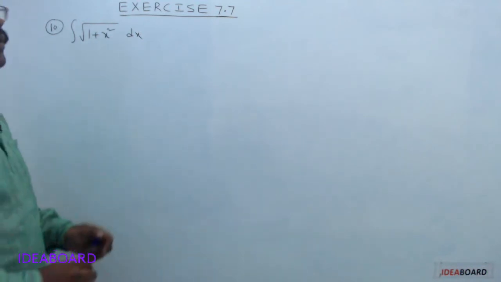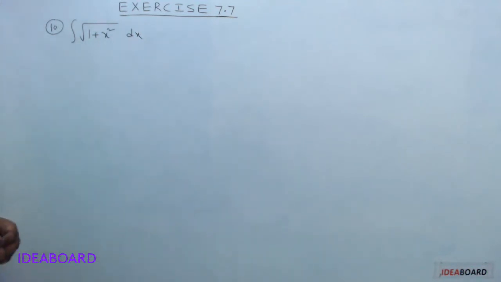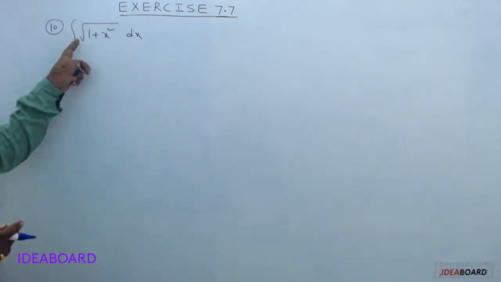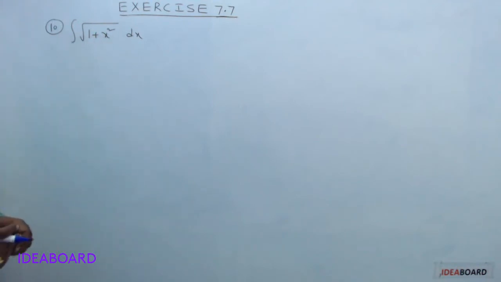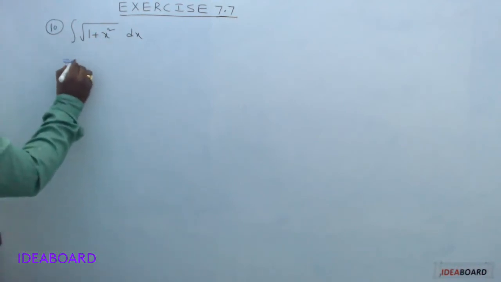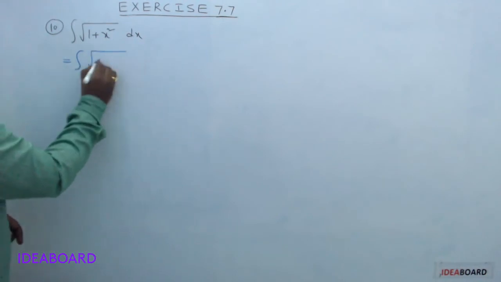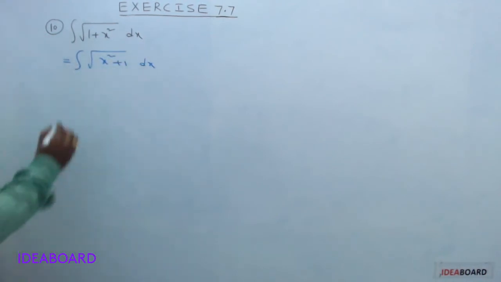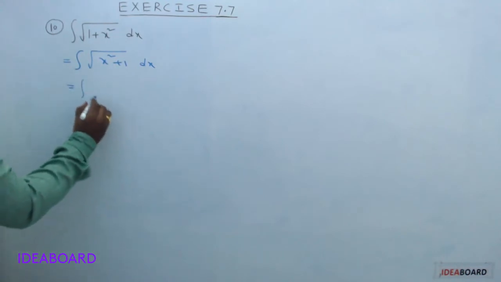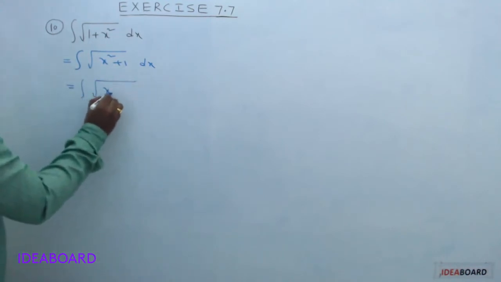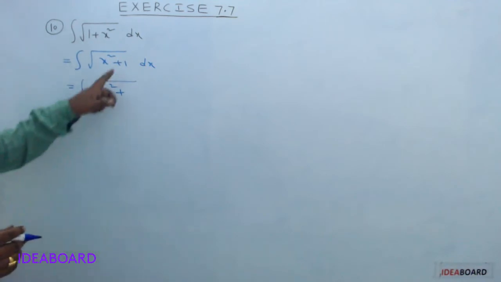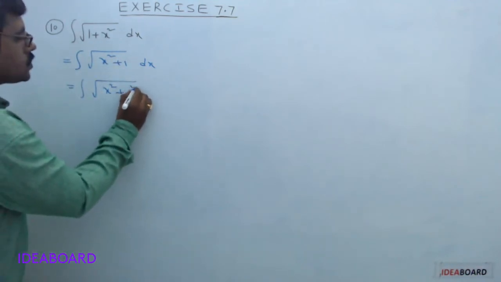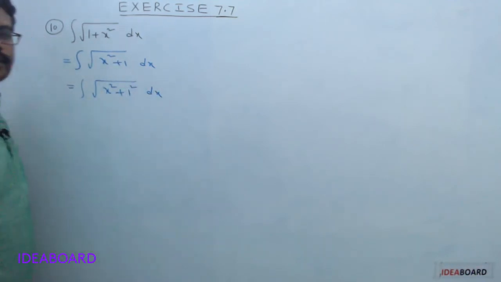Come to the next question. Very easy problem. Integral square root of 1 plus x square dx. It can be written as integral square root of x square plus 1 dx. Again, it is integral square root of x square plus 1, which can be taken as 1 square, dx.